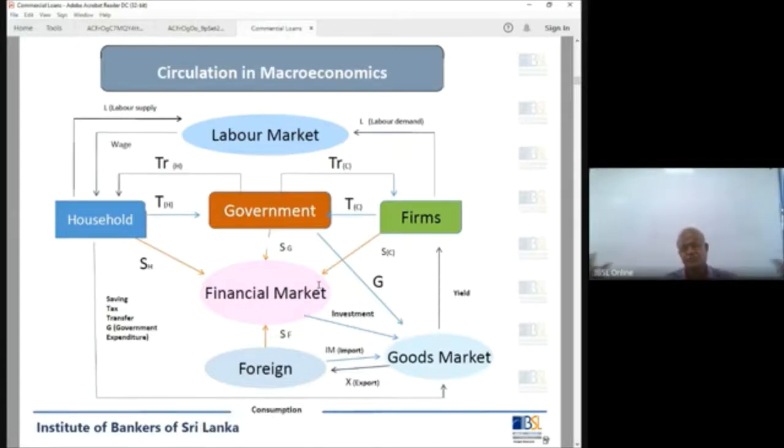If you think about the foreign sector, we import goods and services. We take loans. We export goods and services. We give some transfers, loans, gifts to other countries, right? Foreign sector: imports and exports of goods and services, taking loans, right?